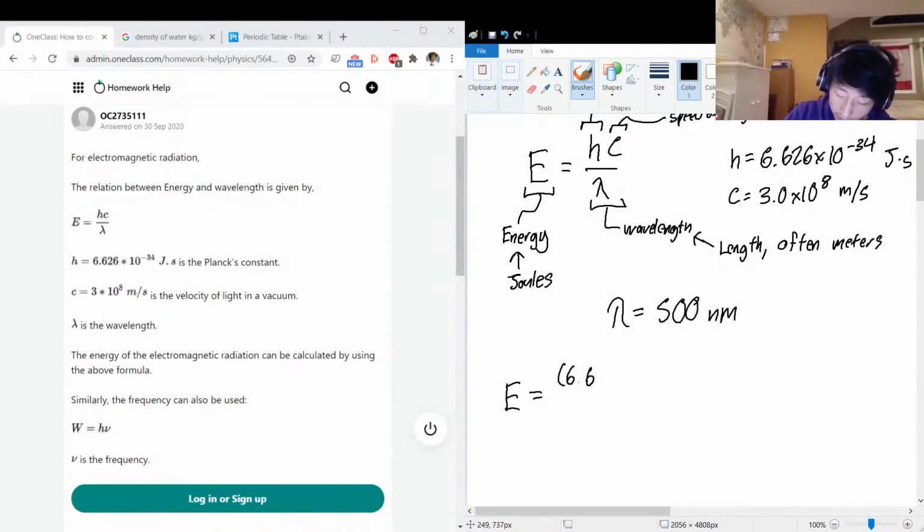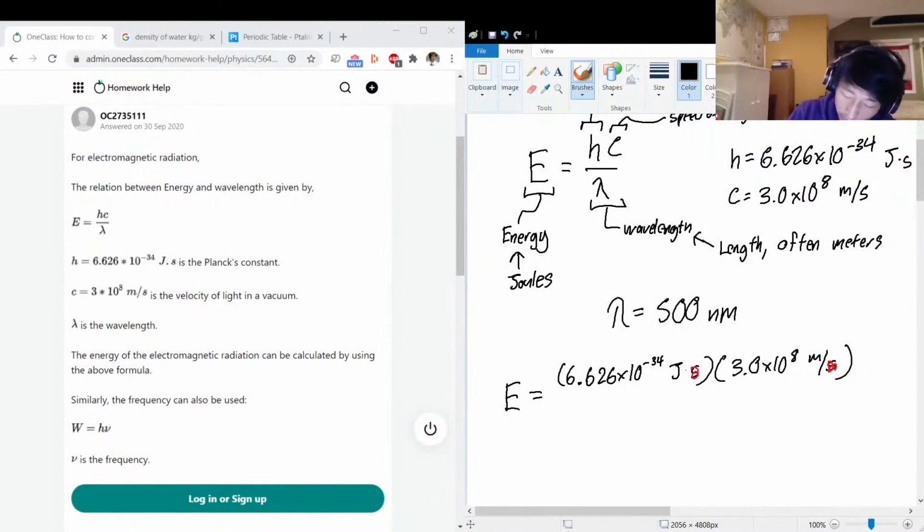So 6.626 times 10 to the negative 34 joule seconds, multiplied by 3.0 times 10 to the 8 meters per second. The seconds in meters per second cancel the seconds in the joule seconds.